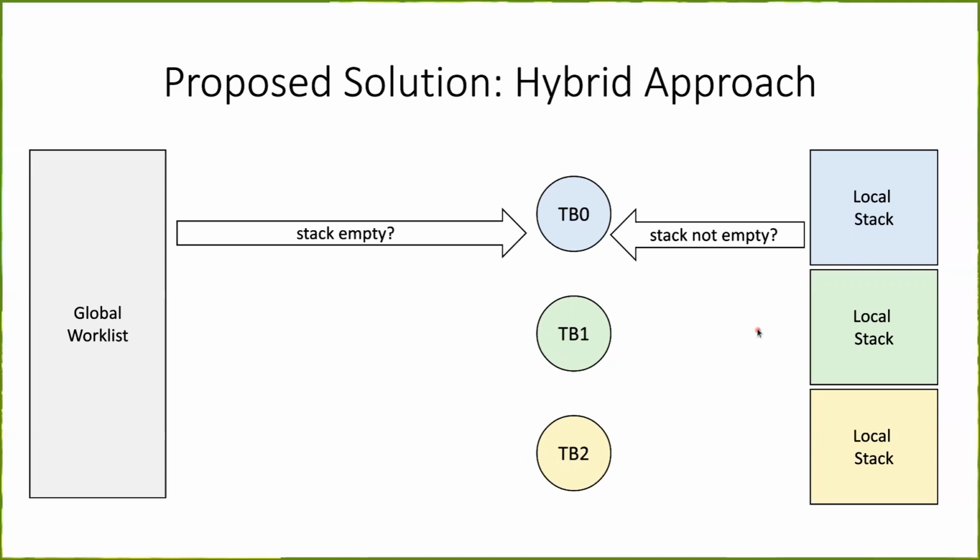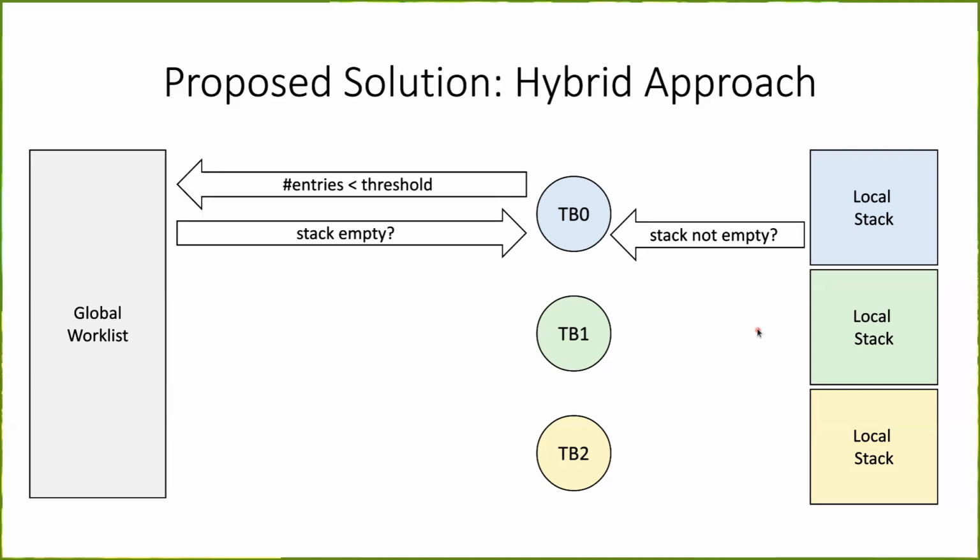And when we process a node, after we process a node, we create the children of this node. One child we keep for ourselves to solve. The other child we need to push either to the global work list or the local stack. And in order to decide, we check the number of entries in the global work list.